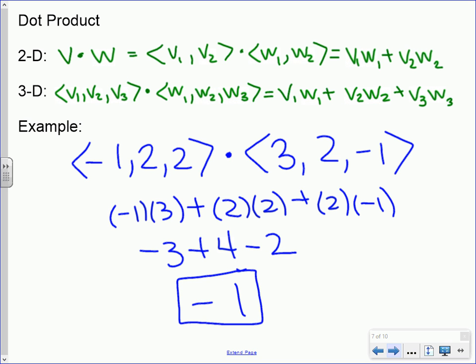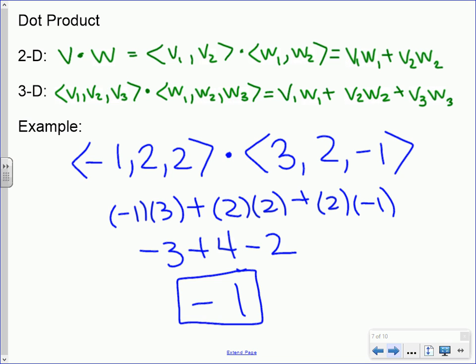First of all, what does it mean if our dot product is 0? Yes, if our dot product is 0, we have orthogonal vectors is what we called it.